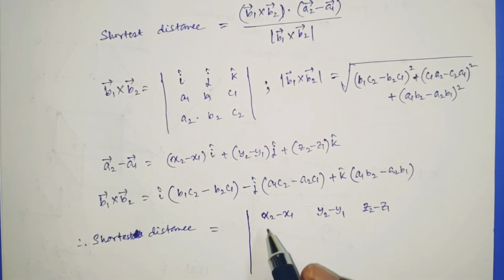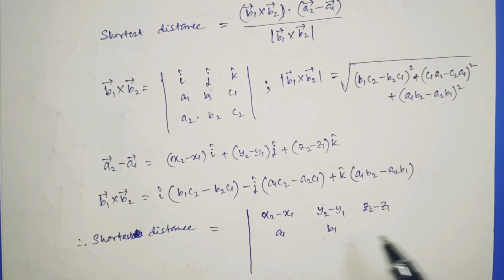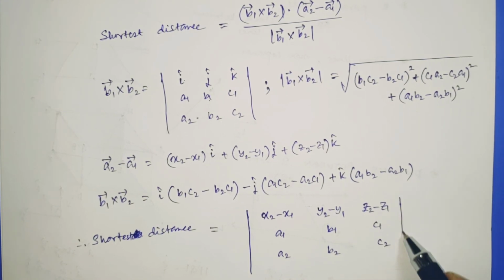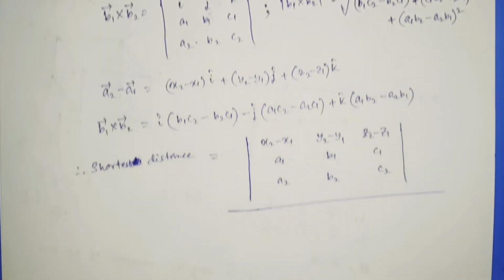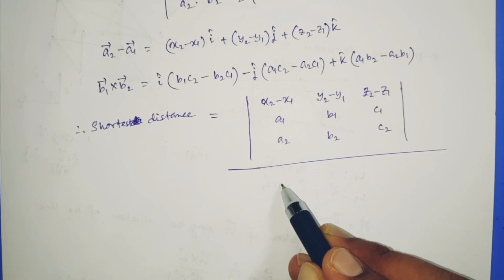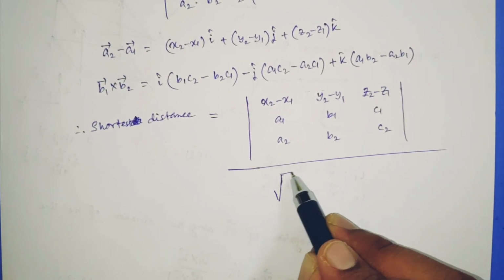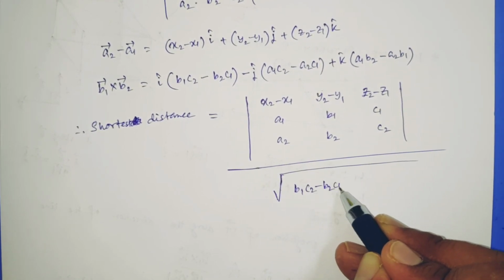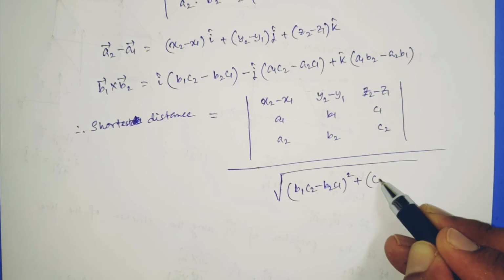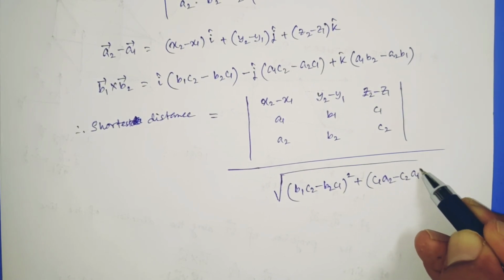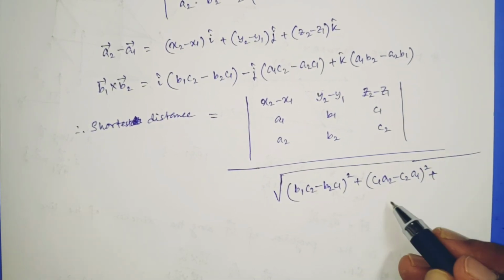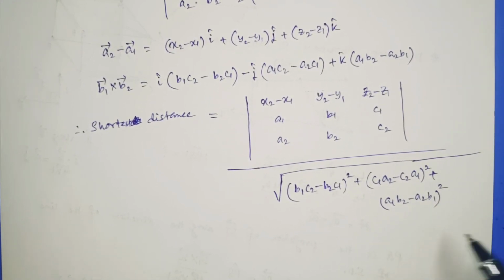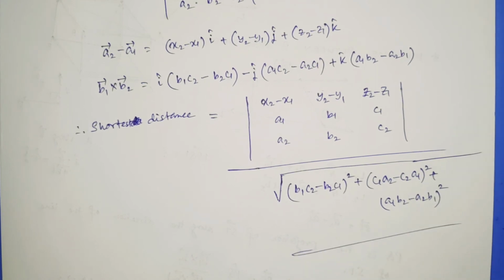The rest will remain the same: a1, b1, c1, a2, b2, c2. Now the whole is divided by root over of (b1 c2 minus b2 c1) whole square plus (c1 a2 minus c2 a1) whole square plus (a1 b2 minus a2 b1) whole square. Okay, so that's how we find the Cartesian form.